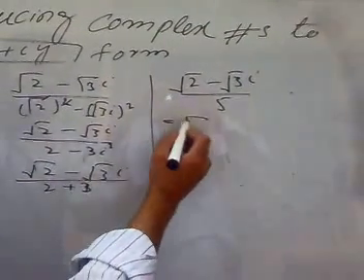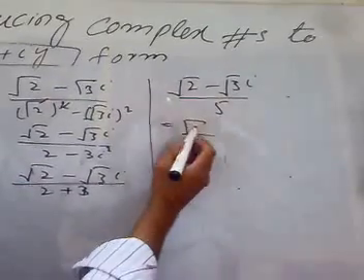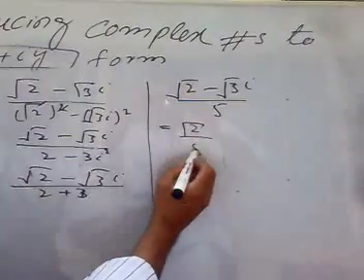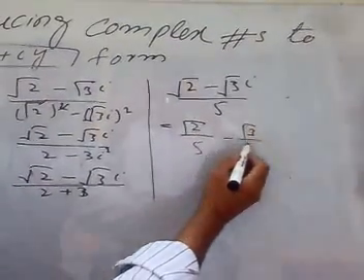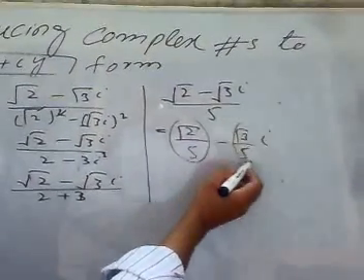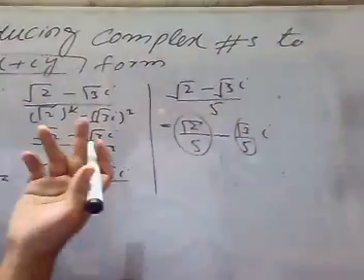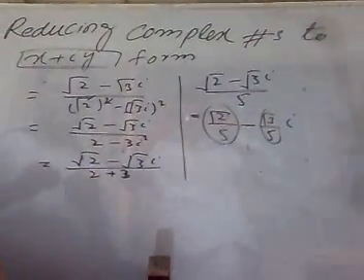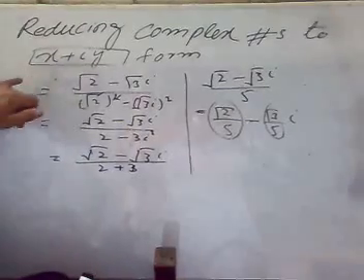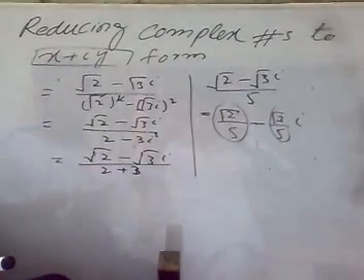So it will be under root 2 by 5 minus under root 3 by 5 iota. So this is x plus iota y form. Our only aim is to separate the real and imaginary parts.